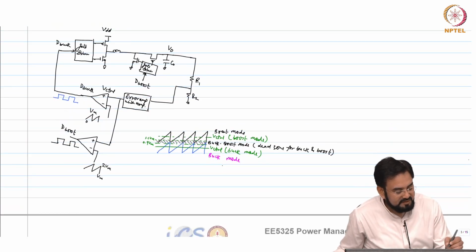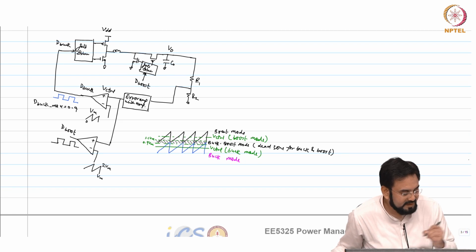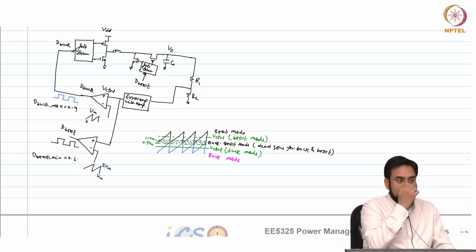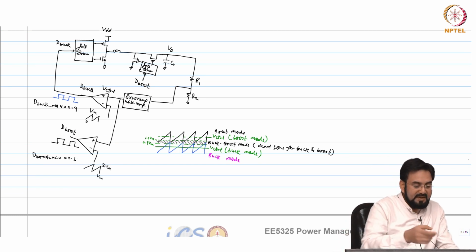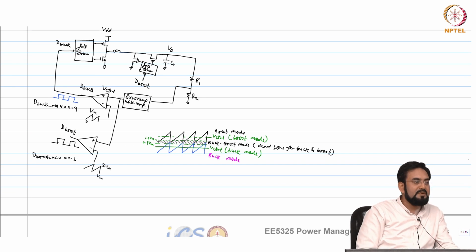So this is saturated, so D buck max is 0.9 and D boost min is 0.1. So between 0.9 of your buck to 0.1 of boost, you operate in buck-boost.